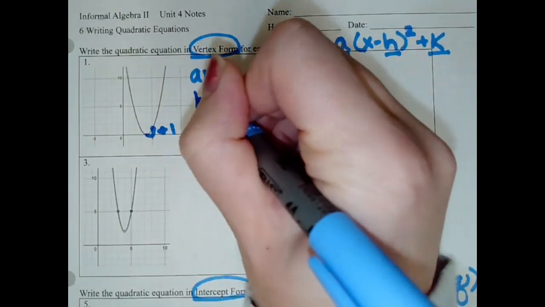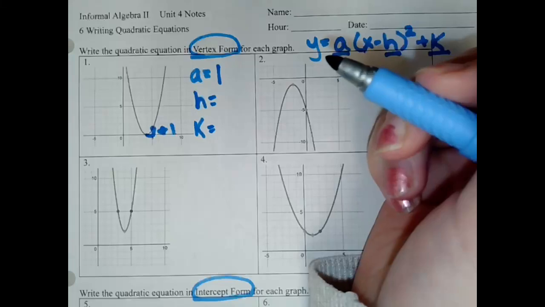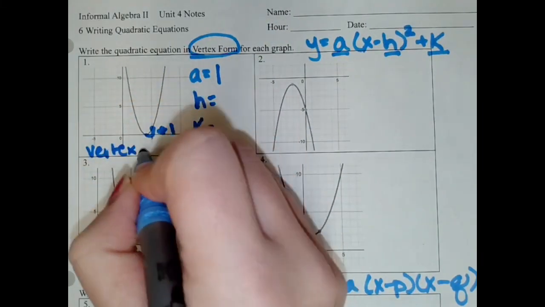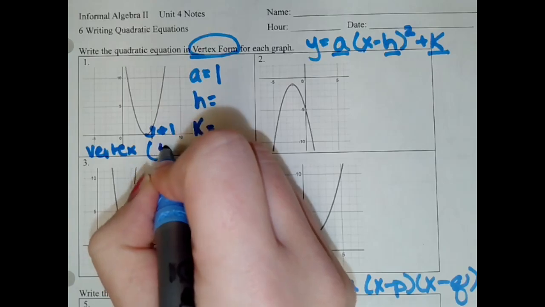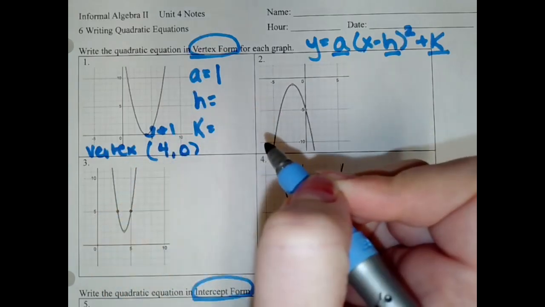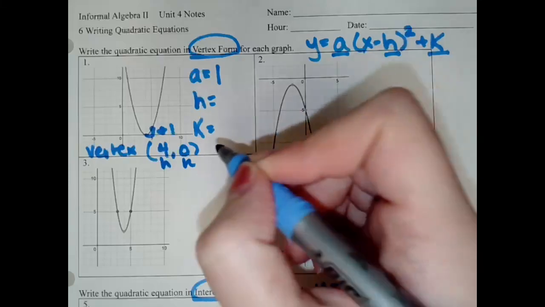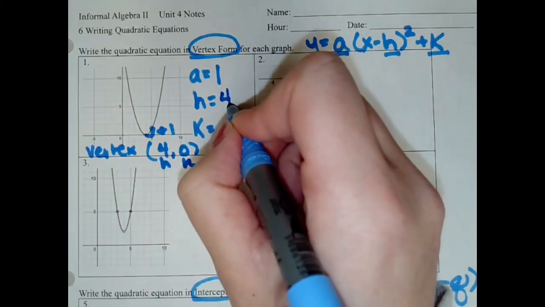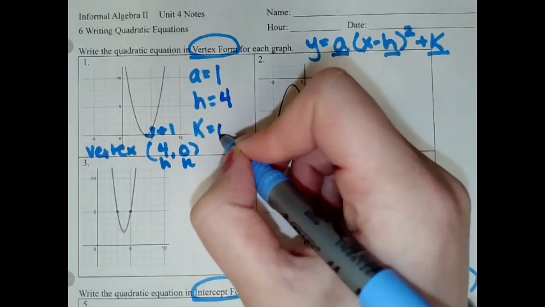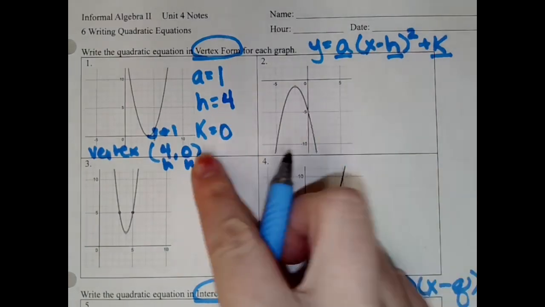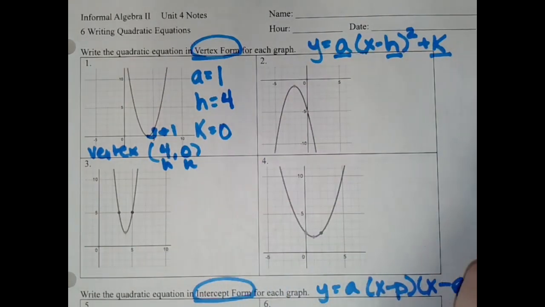H and k come from your vertex. So your vertex in this problem seems to be located at (4, 0). Your vertex is always (h, k). So my h is 4, my k is 0. Now that I have a, h, and k, I can plug them into this equation to write my final answer.